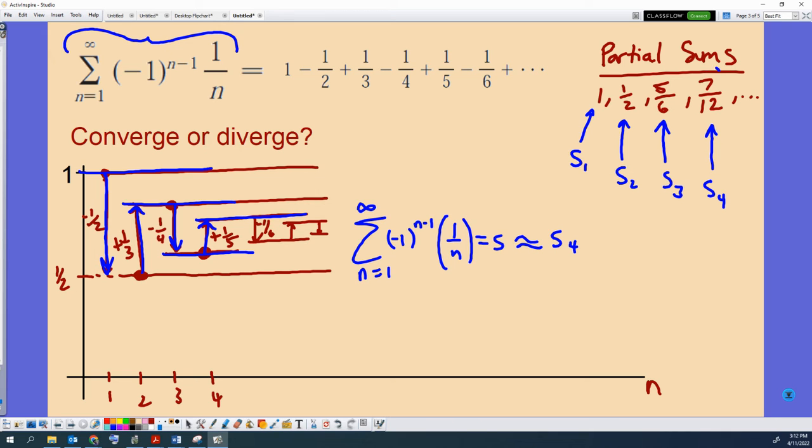So 7/12 is actually a decent approximation for this summation. But how good is it? That's the question. So S4 again is 7/12. And again, we're using that as an estimate, right?